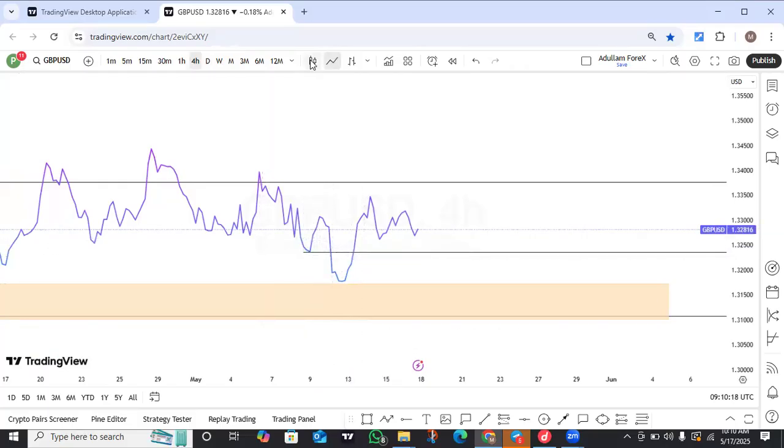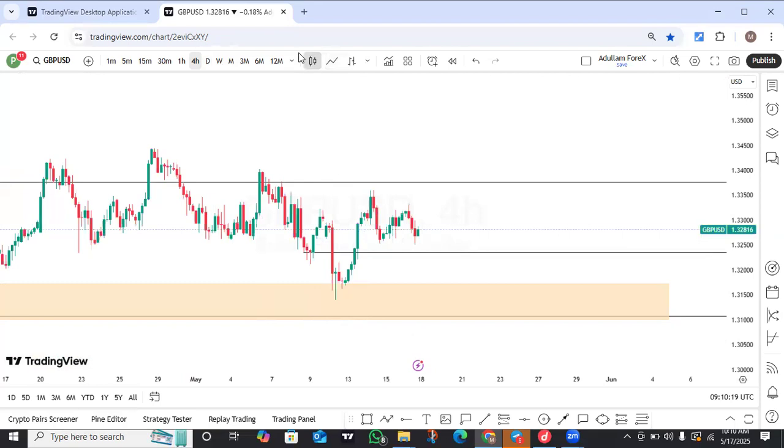So we have the low, we have the high, we have the higher high, and then this is a lower low, right? We have that potential setup right there.